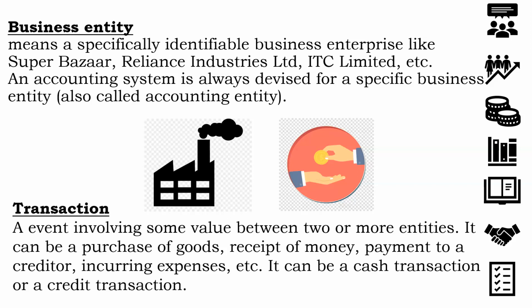So sometimes I can purchase the suits on credit and also on cash. If I pay the whole of the money for which my bill was made, that is called a cash transaction. And if I purchase anything and don't pay timely, for example, I pay on a future date on an agreement between my vendor and me, then it will be called a credit transaction. So this is what a transaction is.